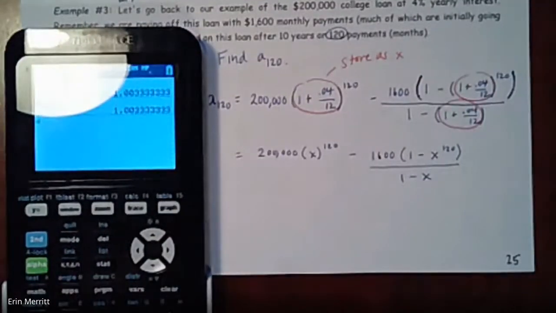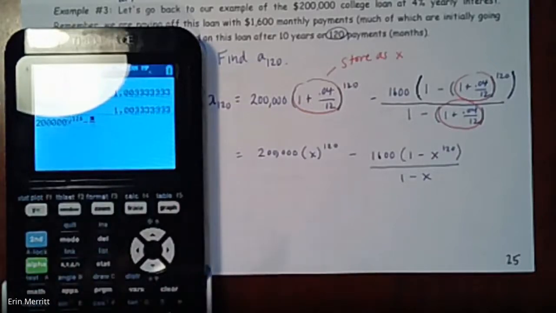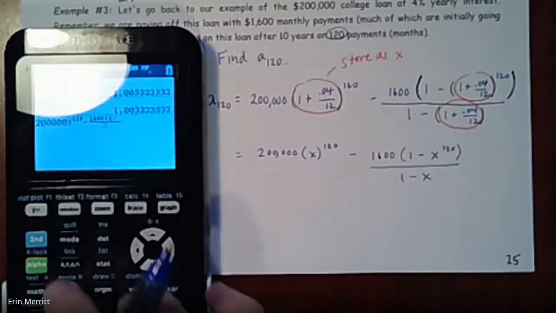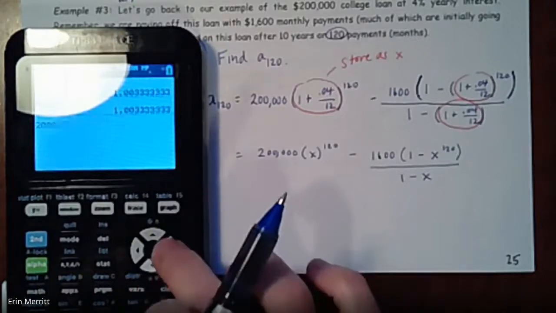So now I can type it in as 200,000. Make sure I have the right number of zeros. 200,000. X raised to the 120th power. And then minus, and then I'm going to do a little alpha y equals here, 1600 times (1 minus X raised to the 120), and then close up that parenthesis.